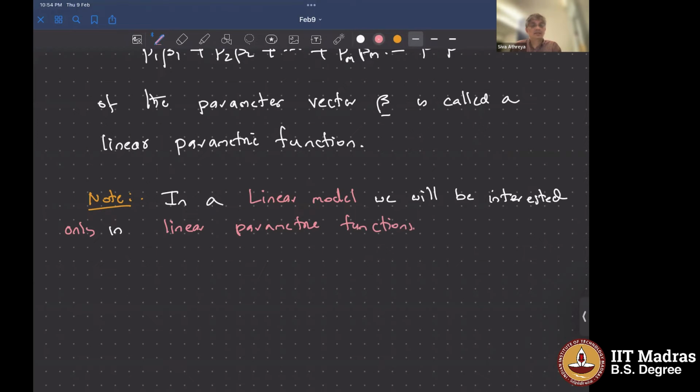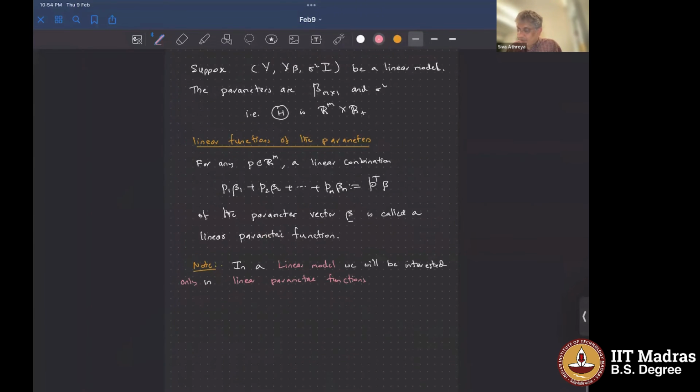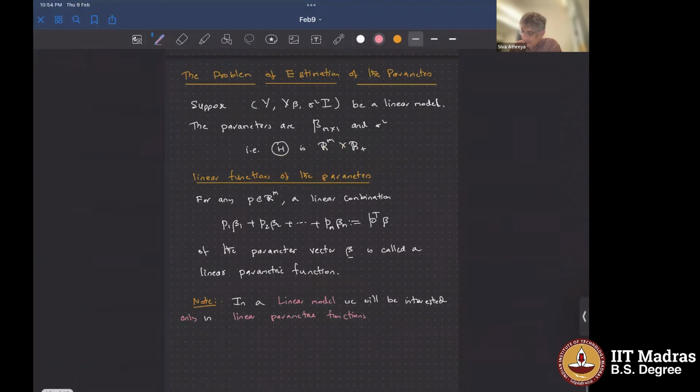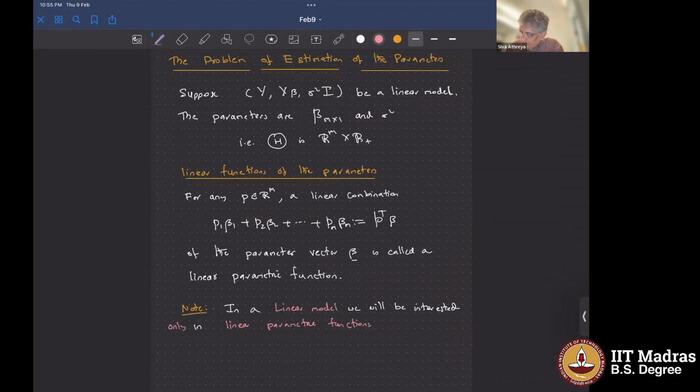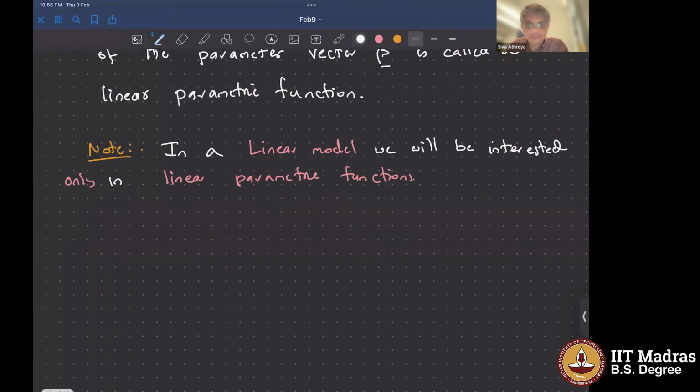That's the first thing. So take a linear model. I only want to estimate linear parametric functions. Once I decide this is going to be my objective for understanding the linear model, I have to go about telling how to do it and what all I can do. Let me go back and try to do that. So here's the definition.